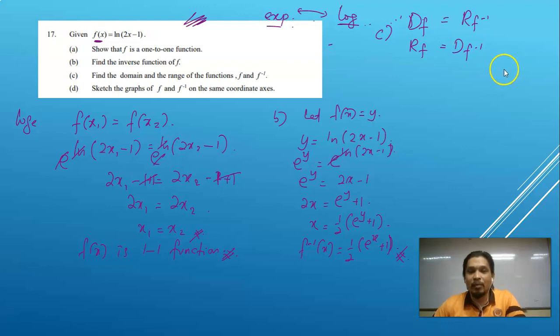So now, what is the domain of f? f(x) equal to natural log of 2x minus 1.